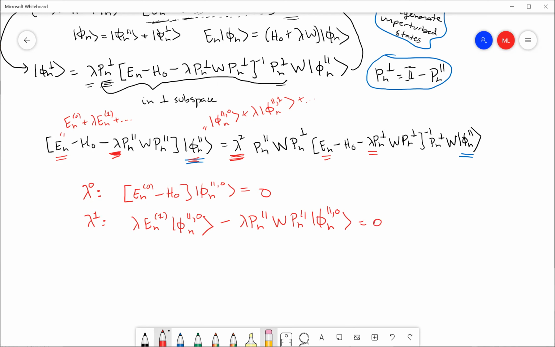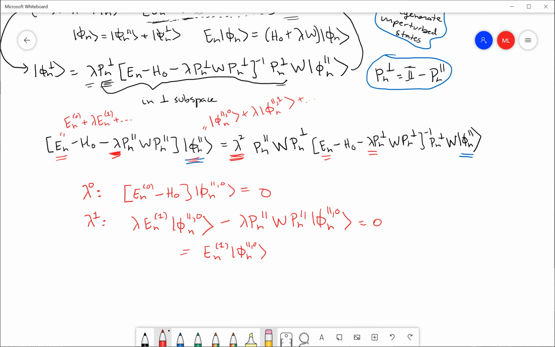So what do we get here? We just get that the first order correction to the energy satisfies the eigenvalue equation for the W operator, right? That's what we had before. I argued initially when we started degenerate perturbation theory that the first thing you want to do is diagonalize W in your degenerate subspace.